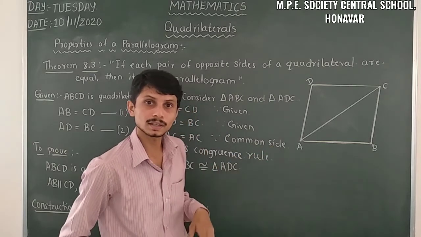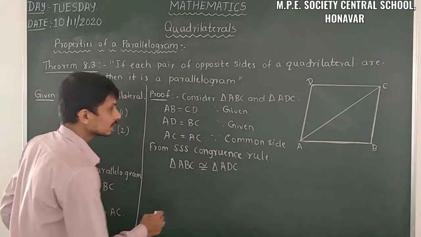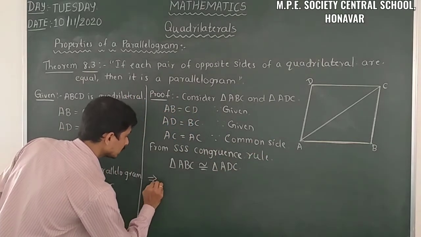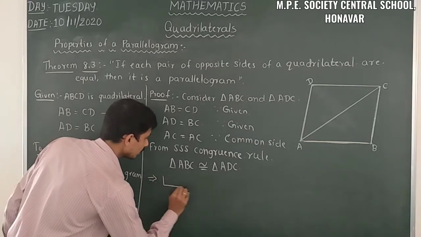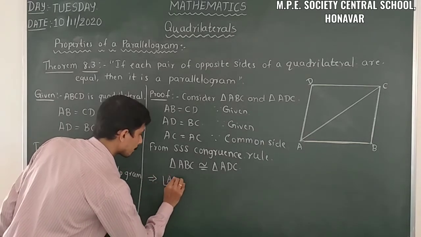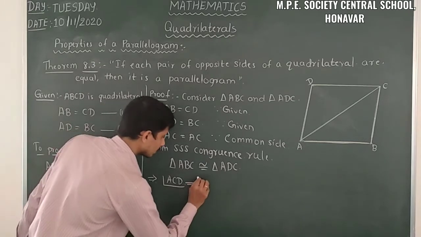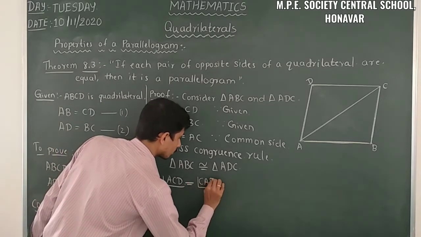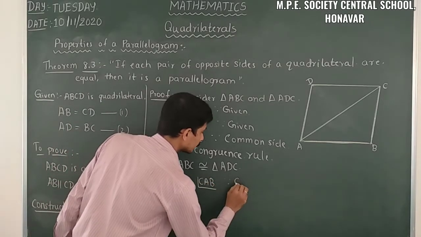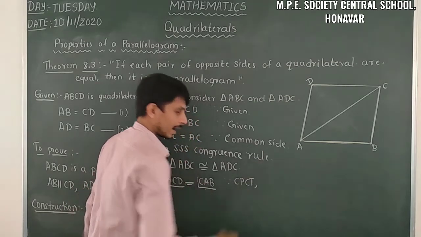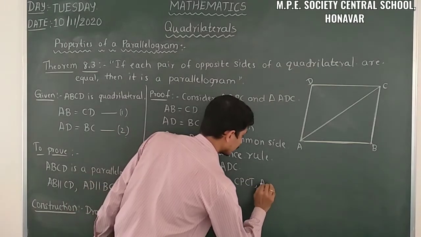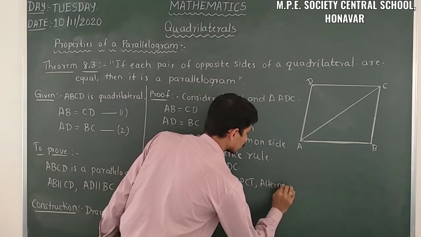So this implies angle ACD is equal to angle CAB, because it's a CPCT and alternate interior angles.